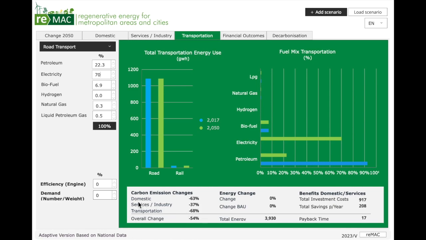There's another parameter. Internal combustion engines have an energy efficiency of 30%, electrical engines of at least 80%. If we enter an efficiency increase of 50% as a cautious assumption, we see that now 84% of emissions have been saved in the transport sector.